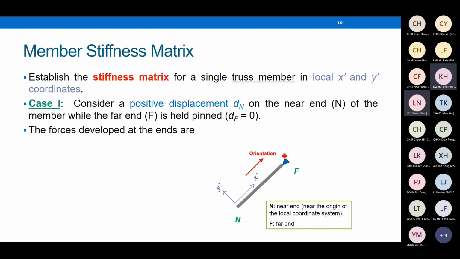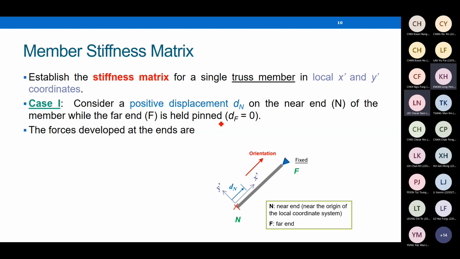The orientation points to node F from the other one, N. Now we consider Dn at node N. Then what about the forces? If node N is under displacement Dn, what about the internal forces along the member?